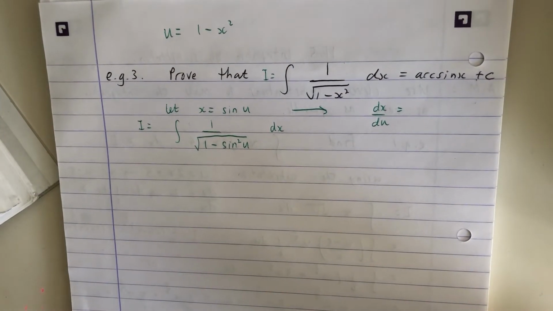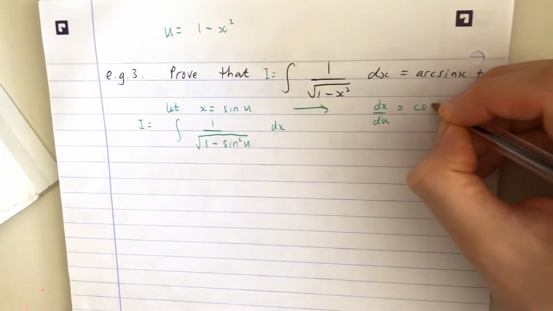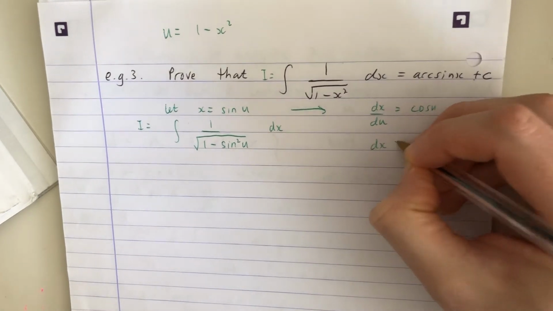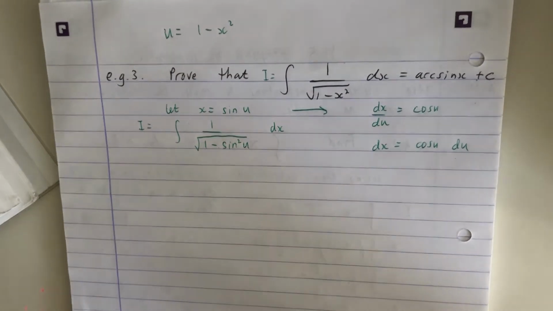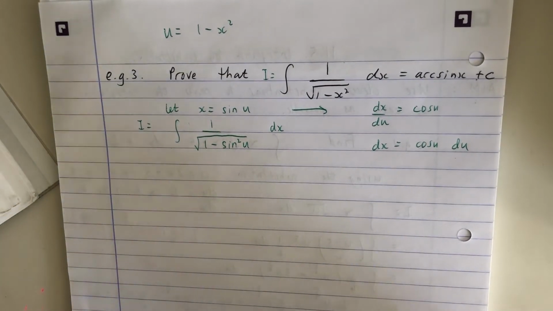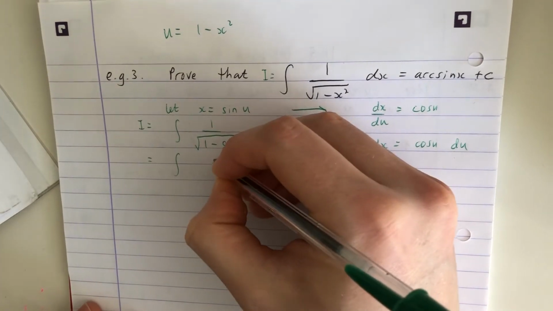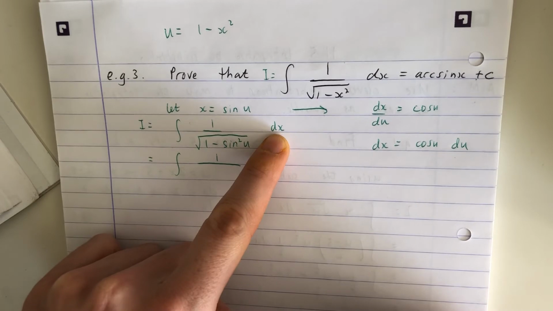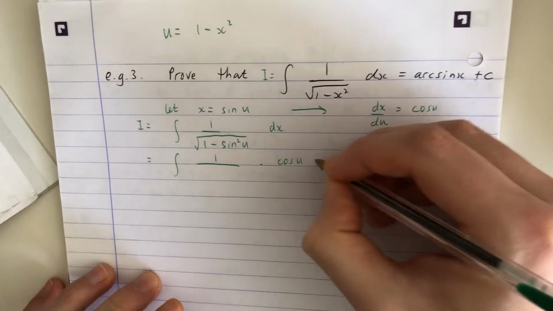What does sine u differentiate to? It goes to cos u, and then I want to make dx the subject. So dx would be cos u du. Okay, let's do that. So integrate 1 over, I'm going to leave that as it is for now, but replace this dx with cos u du.